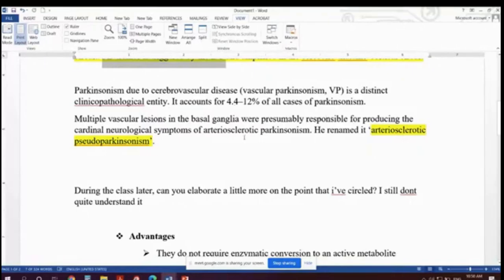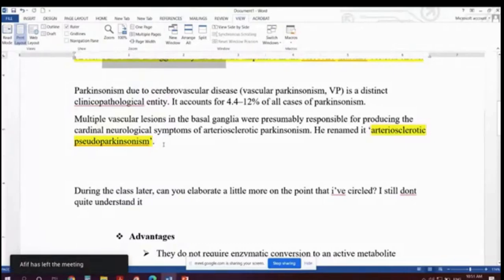That's why they call it atherosclerotic pseudo-Parkinsonism, because they found that it doesn't have the pathological hallmarks of Lewy bodies and alpha-synuclein in the histopathology. Are you okay with that? Yes, doctor. Thank you. You're welcome.